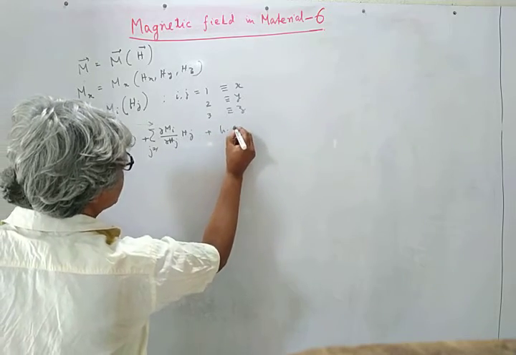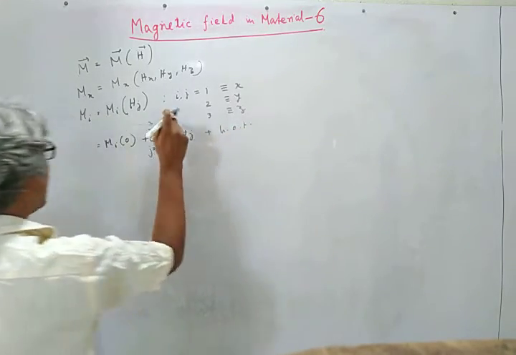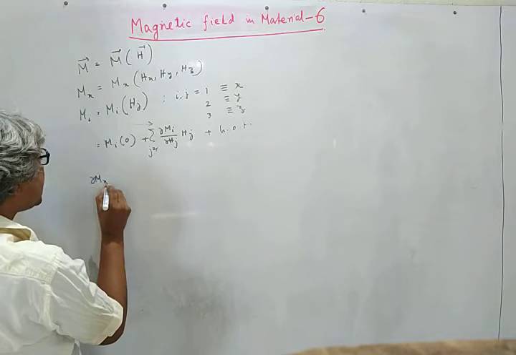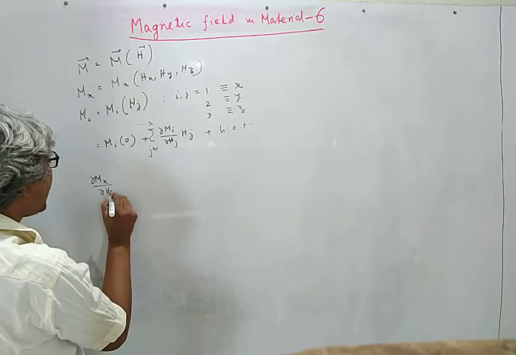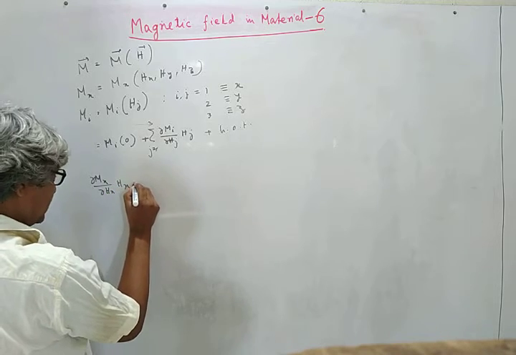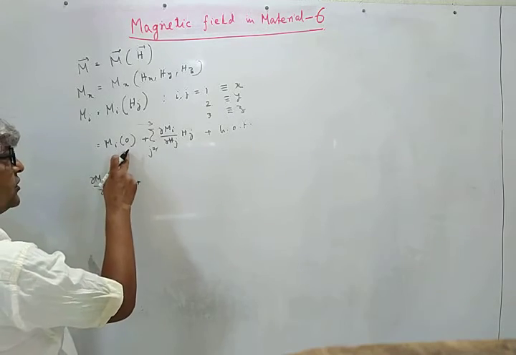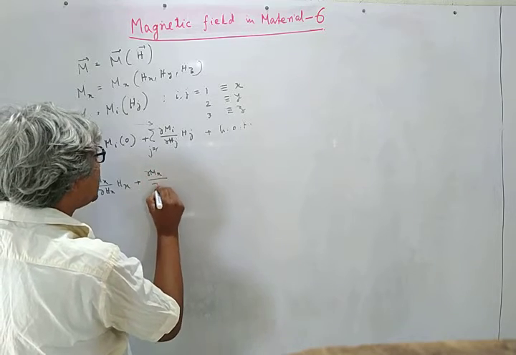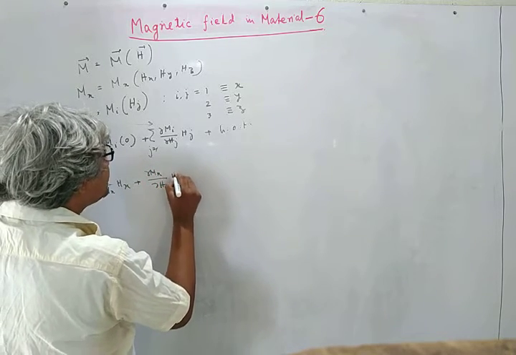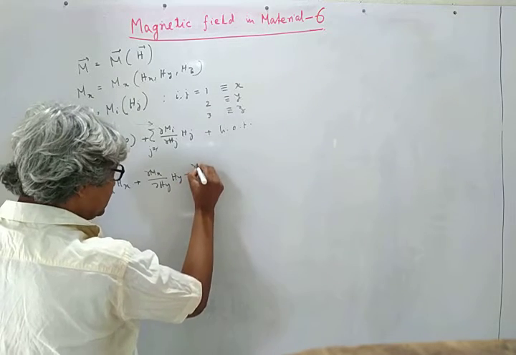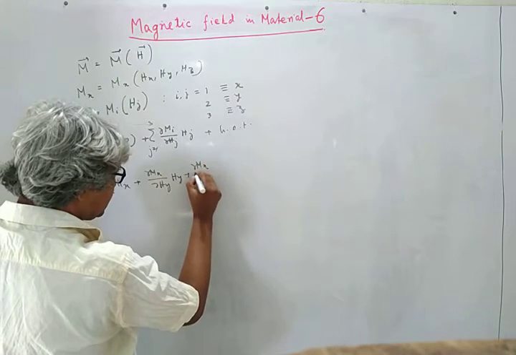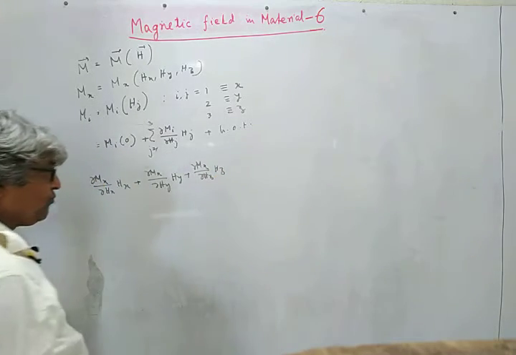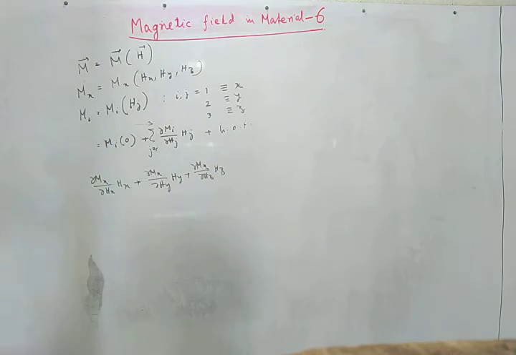Plus higher order terms. For example, this is for the X component: delta Mx by delta Hx times Hx, because we are expanding about the zero field case, plus delta Mx by delta Hy times Hy, plus delta Mx by delta Hz times Hz. This has been written in a compact way.